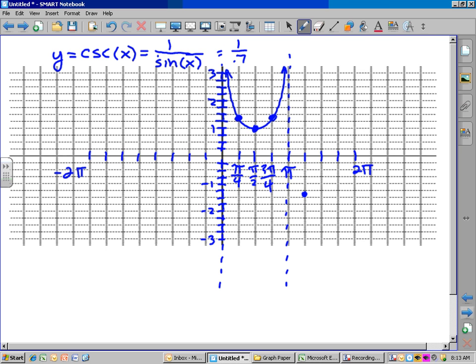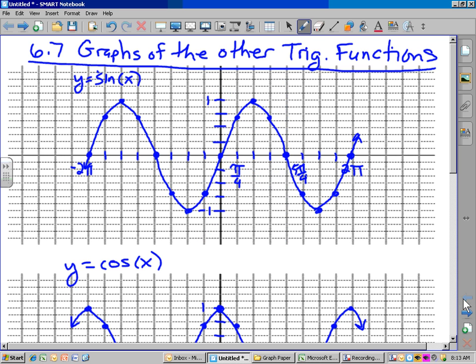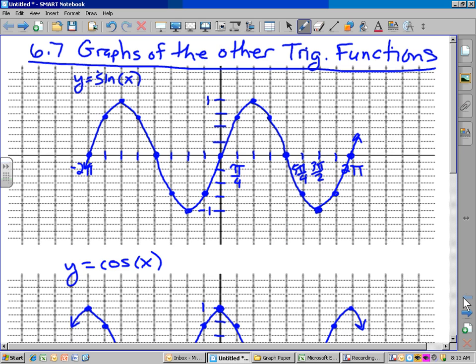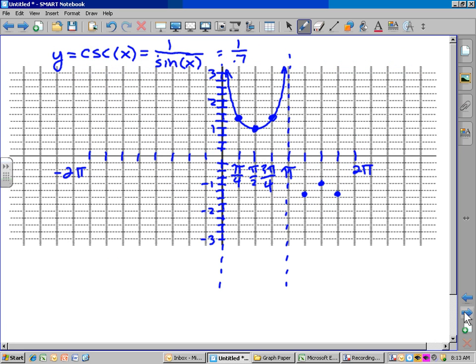The next is going to be 1 over negative 1, at 3 pi over 2, or 270. See the negative 1 down here? And then the next one's going to be back to negative 0.7. And then where's 2 pi at? 0, which is going to cause an undefined vertical asymptote.